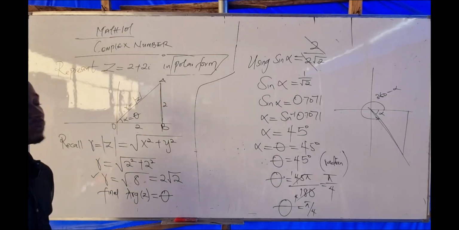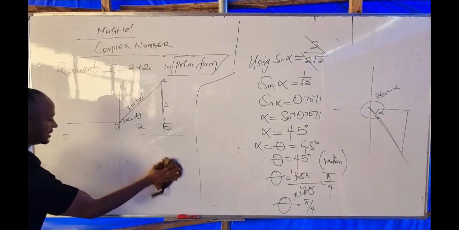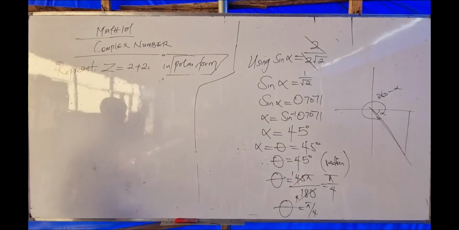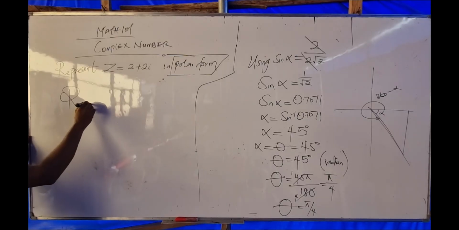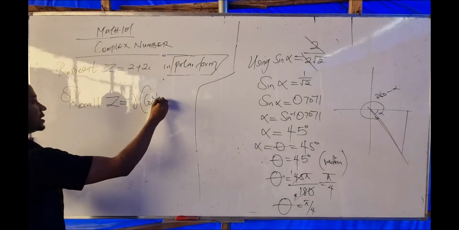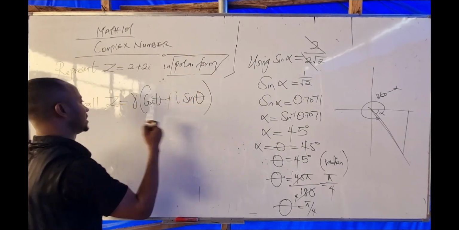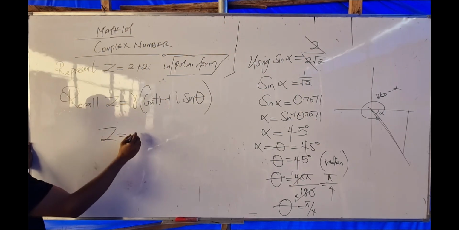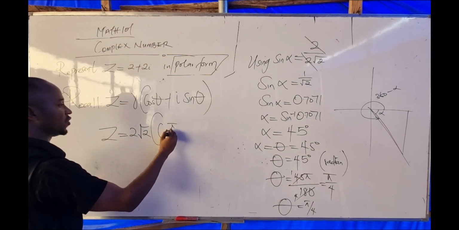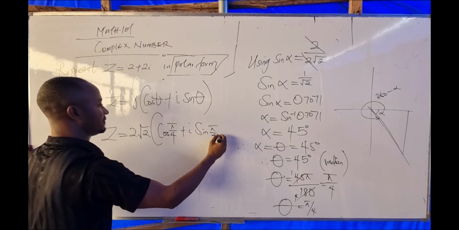Now the next is to fit in our formula. Recall that z equals r times cos theta plus i sine theta. So the value of z becomes, r we got is 2 root 2 in brackets, cos pi over 4 plus i sine pi over 4.